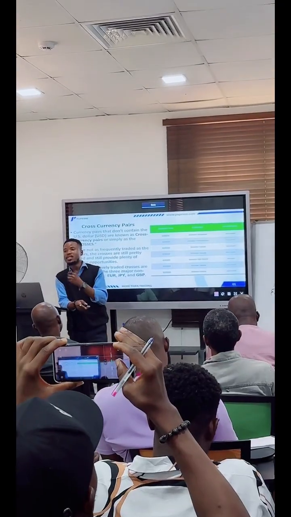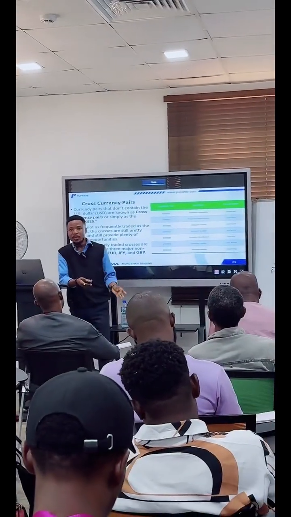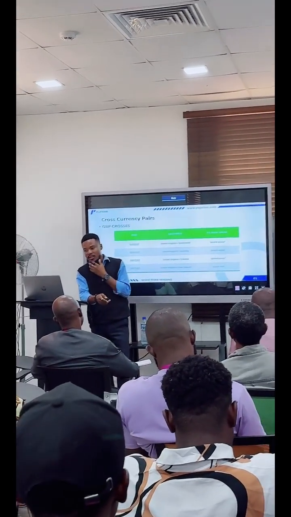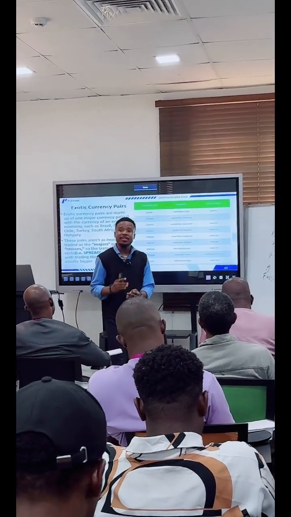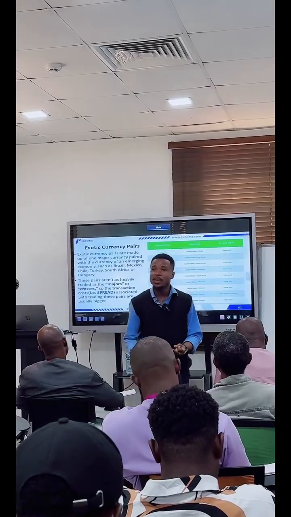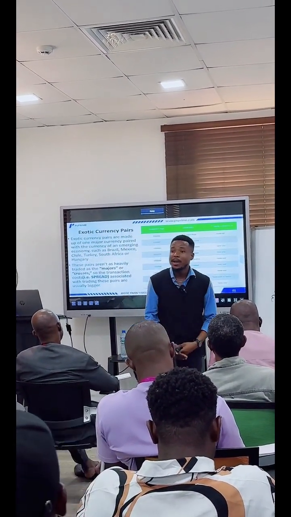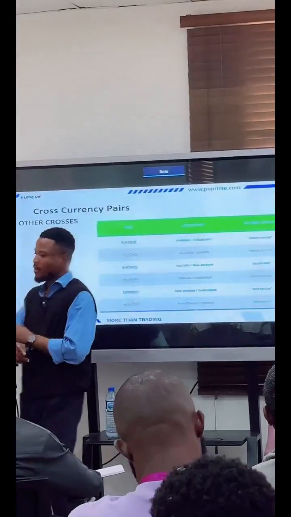We have the cross currencies, pairing the majors together without the United States dollar, like Euro GBP, GBP CHF. We have the exotic currencies, which are currencies that belong to nations that are still getting developed, paired with nations that are already developed, like United States of America paired with Nigerian naira. Exactly. So this is what we have.